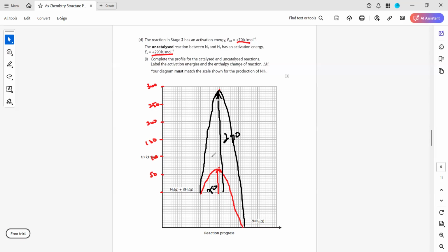Is it clear? That's how you have to label. So it's not like the energy of the reactant is zero. It's like from reactant, how much energy we need, that we call activation energy, the minimum possible energy which we need to start up a reaction.